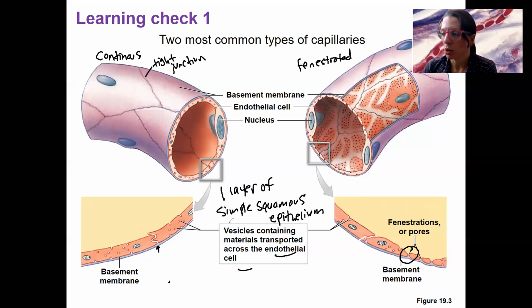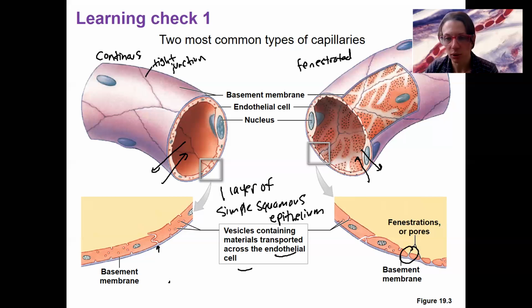So we're going to look at what can pass across these different types of capillaries. You can already probably imagine different stuff can pass across here and more or less easily than what can pass across here. You might already have some predictions. In terms of fenestrations, those pores are going to allow some larger molecules through.